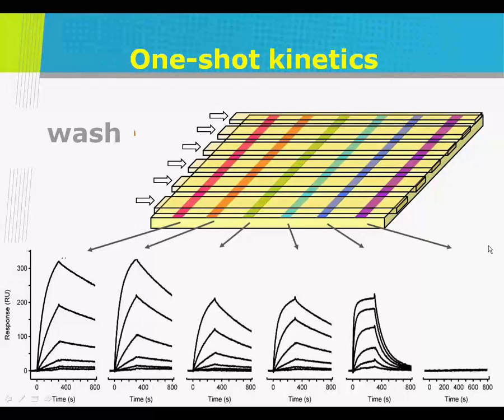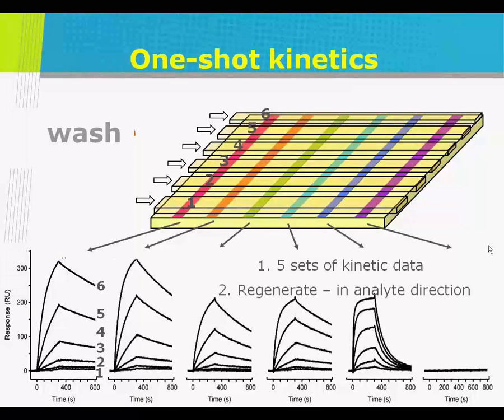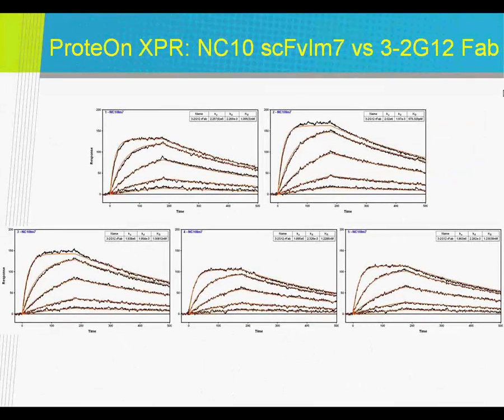Next, we wanted to analyze the V-domain library that Stuart Nuttall had here in the lab, and he generated this library and essentially affinity matured this library using phage display.